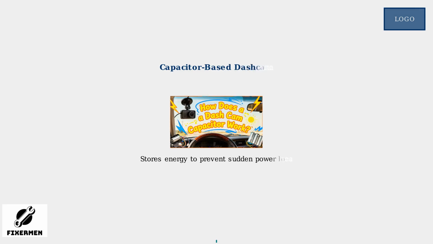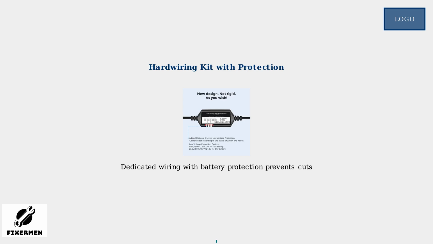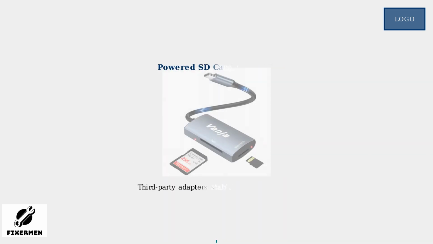One solution is a capacitor-based dashcam that stores electrical energy, providing backup power during brief interruptions. A hardwiring kit connects directly to the vehicle's battery with low-voltage protection, ensuring stable power even when the ignition is off. Third-party powered SD card adapters can also stabilize power delivery, reducing the risk of write failures during recording.